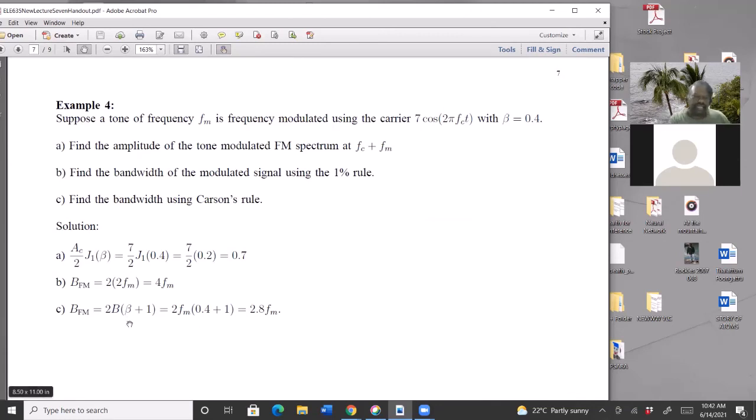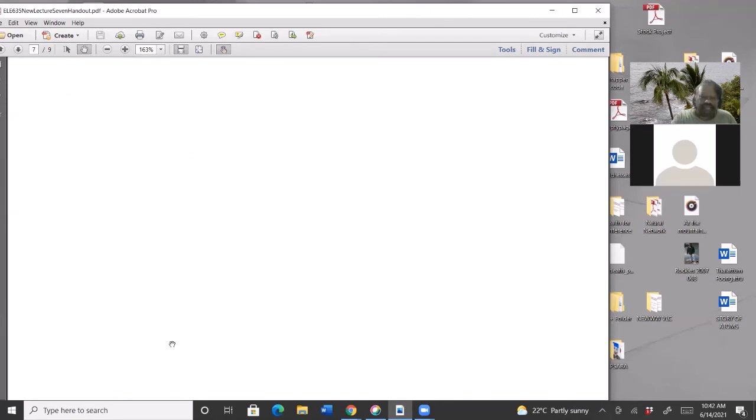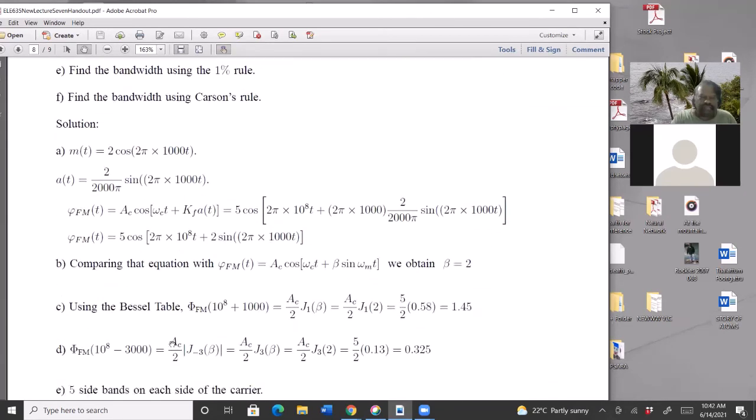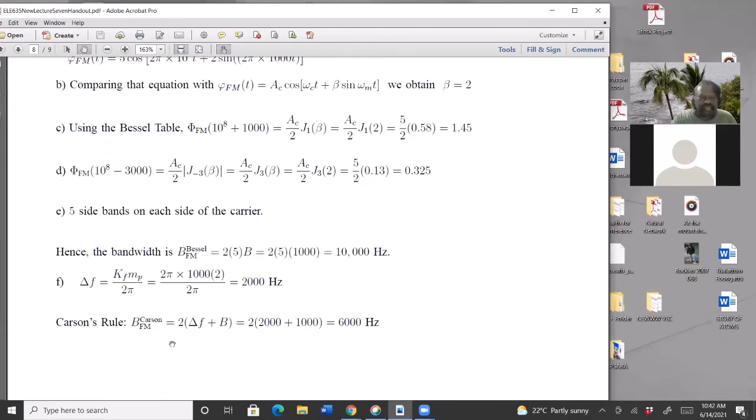So beta in that question is 2. 2 plus 1 is 3. So it says 6B. 6B, and B is 1000, so we get 6000. We get the same answer.